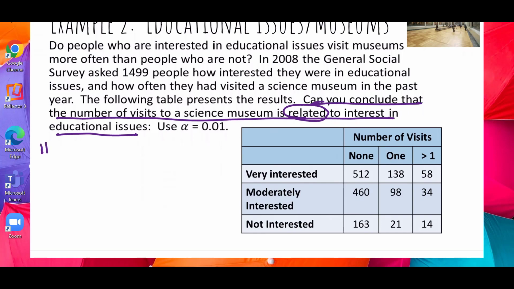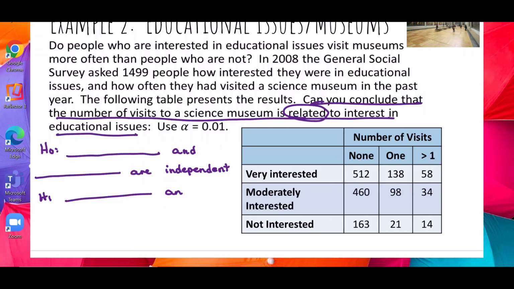So for our null, we're still saying blank and blank are independent. For H1, I'm going to say blank and blank are, normally I say not independent, but because they use this terminology here, I'm just going to change it to related because that means the same thing.